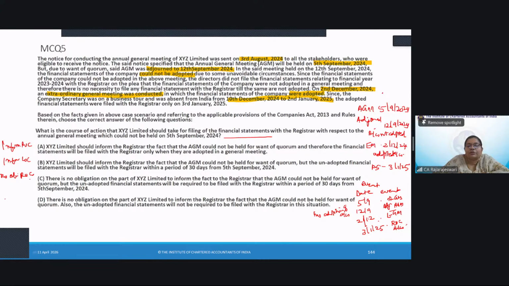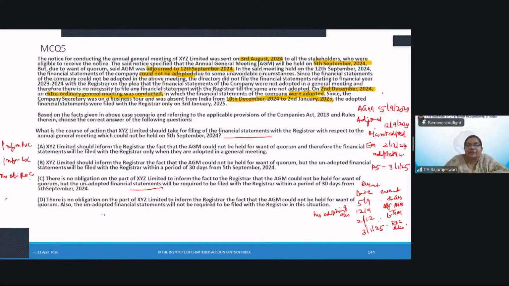Option C talks about there being no obligation on the part of XYZ to inform the registrar that the AGM could not be held for want of quorum, but the unadopted financial statements will be required to be filed with the registrar within a period of 30 days from 5th September 2024.